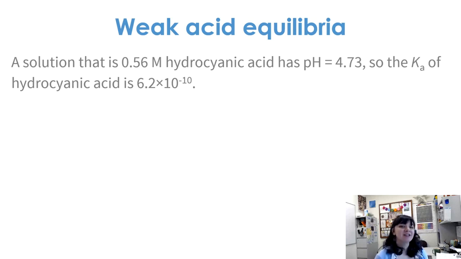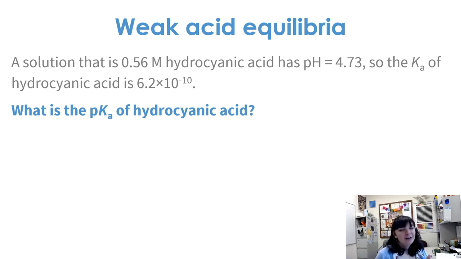That brings us to the concept of pKa. Here I have the Ka that we just found as 6.2 times 10 to the minus 10. If I want to not write that in scientific notation, I can express this instead as a pKa value. The pKa is very similar to pH in terms of how we calculate it. It's simply taking the minus log of the acid dissociation constant.